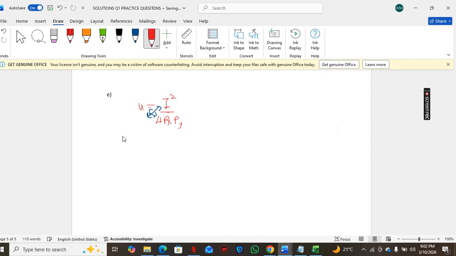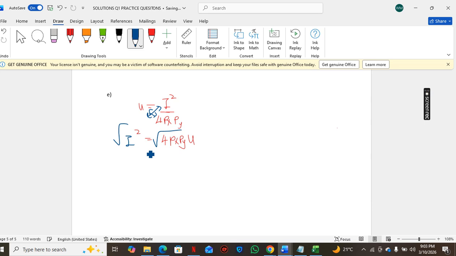so you're going to get I squared equals 4pxpyu. Okay. Then get the value of I. To get the value of I, we need to get the square root, so that we remove this power 2 here. So you get the square root here.